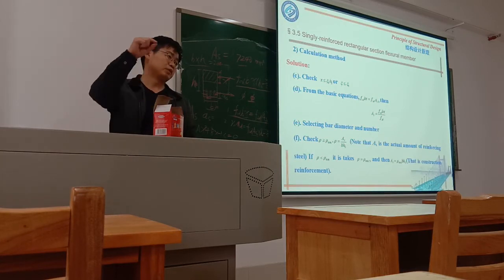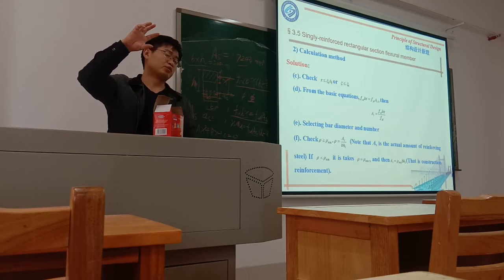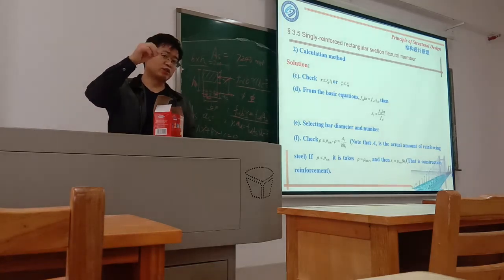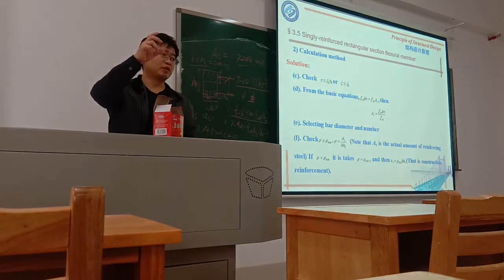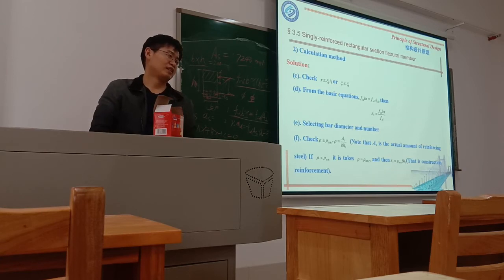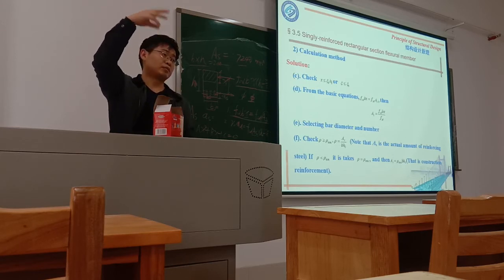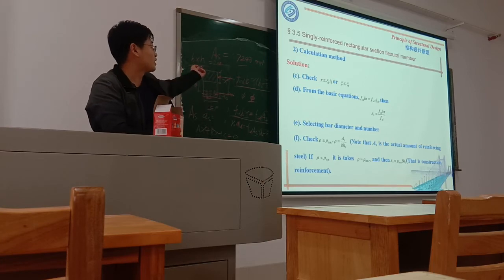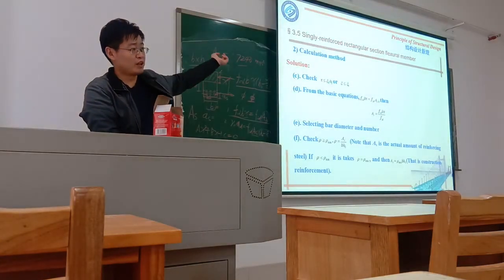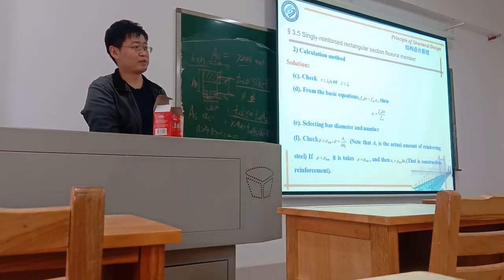If you use too large a number, that means, one, you waste your material; two, if you put too much, maybe your design becomes over-reinforced. You can try maybe 10% or 5%, that is okay, but too much, like 30%, is not. If the result is 7,000, maybe use 10,000 or something.